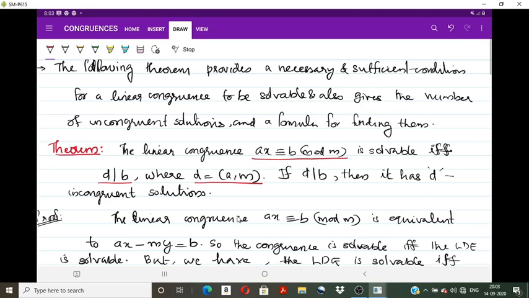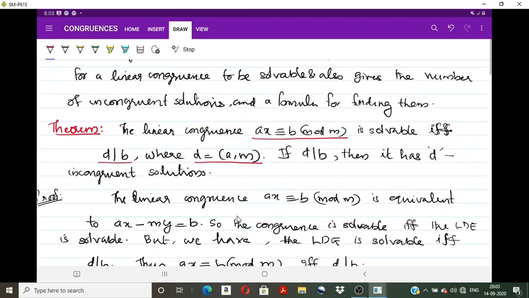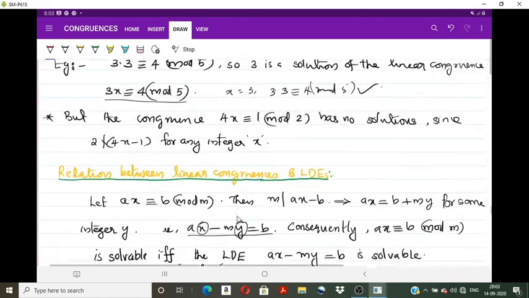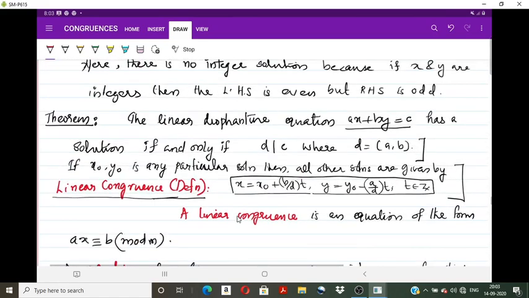In the previous note, we have already seen that the linear congruence ax congruent to b modulo m is equivalent to the linear Diophantine equation ax minus my equal to b.